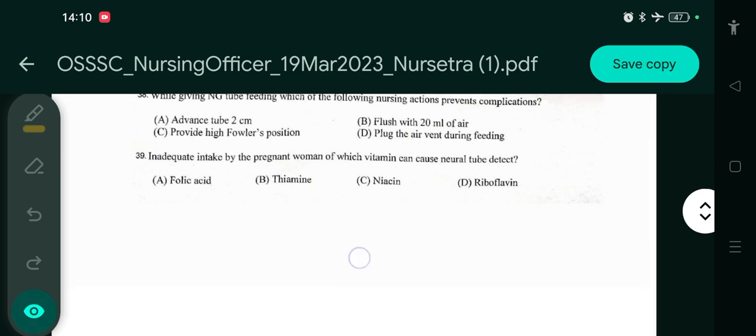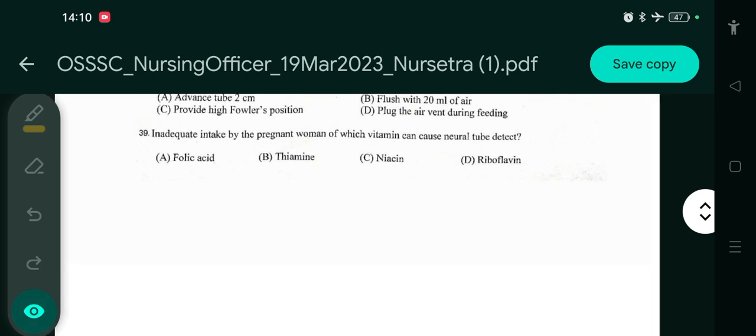Next question, inadequate intake by the pregnant woman of which vitamin can cause neural tube defect? A, folic acid, B, thiamine, C, niacin, D, riboflavin. Here the correct answer is folic acid. Deficiency of folic acid leads to neural tube defects, encephalocele and anencephaly.